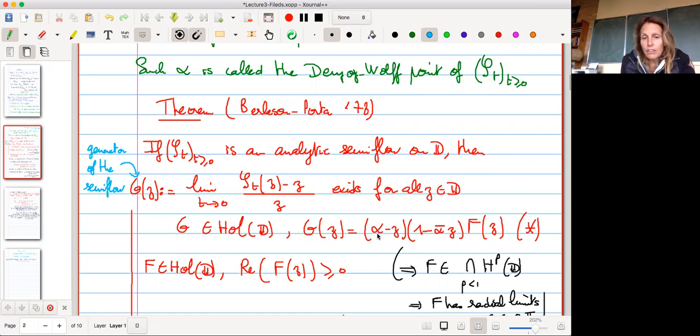There is an alpha, precisely in the case where phi_t is not made of elliptic automorphisms. This alpha is not a wrong notation; it's really the same as the Denjoy-Wolff point of phi_t. So it's (alpha minus z) times (1 minus the conjugate of alpha times z) times a certain function f, which is holomorphic and for which the real part is non-negative. In fact, because f is holomorphic, if f is not constant, the real part will be strictly positive.